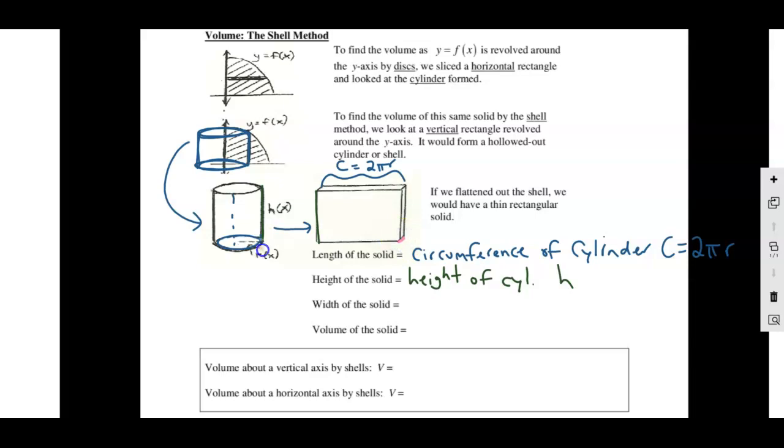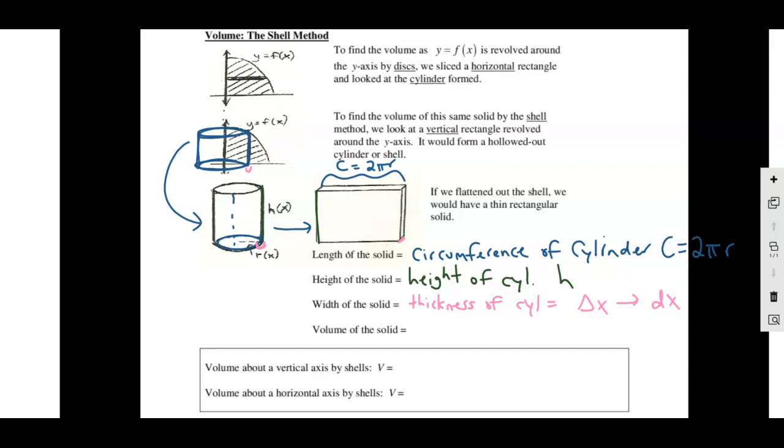If you think about your toilet paper roll, that's the thickness of that toilet paper roll, which comes from the dx, or which comes from that thickness of the cylinder. So we can think about it like this: the thickness of the cylinder, which for us is going to end up being the delta x, which later on, as it becomes infinitely thin, will be the dx.